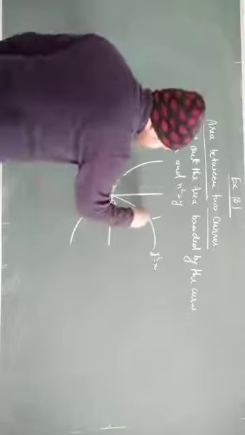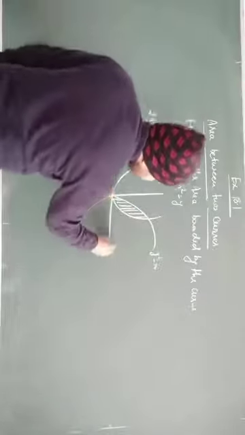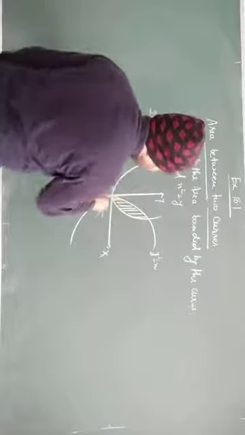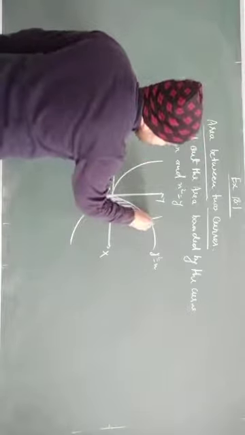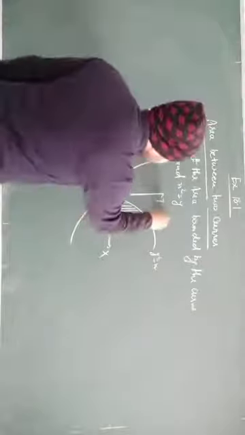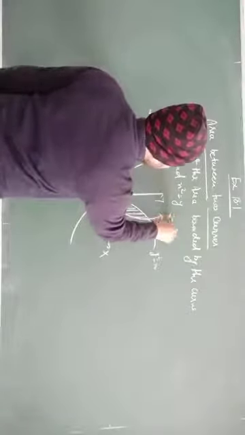So the required region is the region bounded by these two curves. This O is the origin, this is your x-axis, and this is y-axis. So we have to find out this point. How can we find out this point? And this curve indicated x square is equal to y.